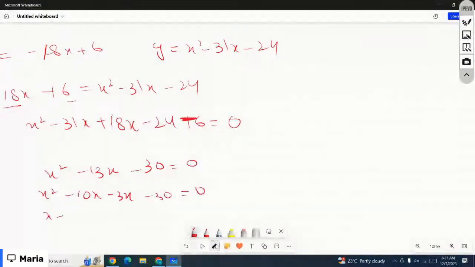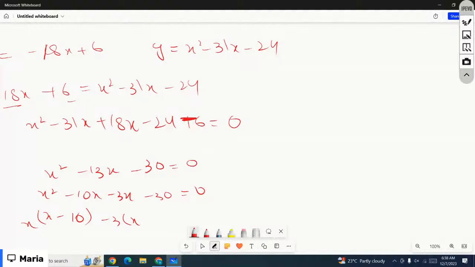So x minus 10, you can take x common, minus 3, you can take common. No, not negative 10 minus negative 3. Hold on. Let me just think of the factors.